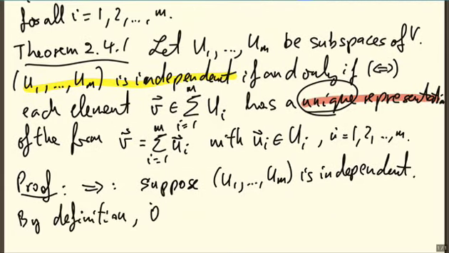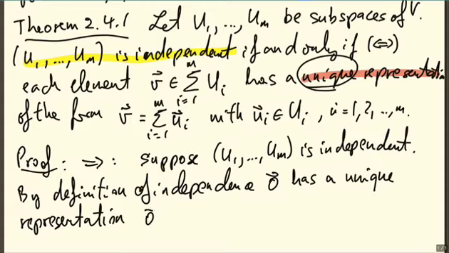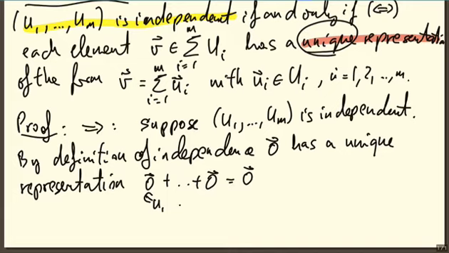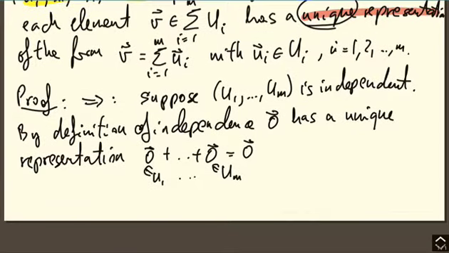By definition of independence, 0 has a unique representation, and that's 0 plus all zeros from the different subspaces Ui added together, and that's how we can get the 0. The first 0 is supposed to be from U1, and the last 0 is supposed to be from Um. All right, so we know that according to the definition of independence.